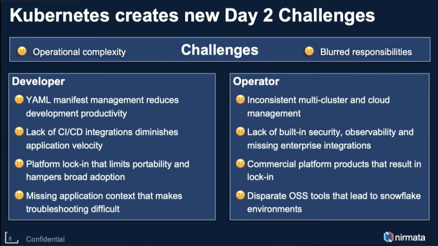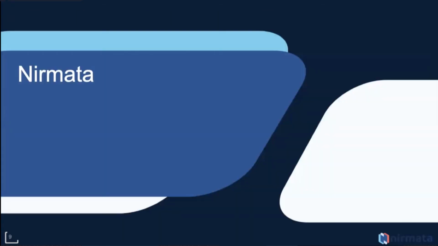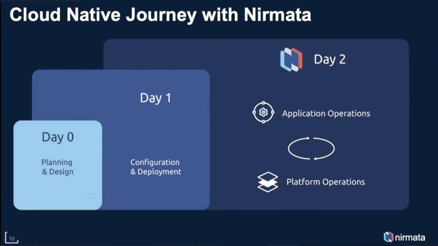So these are some of the key challenges we see, and as we've seen these with our customers, we spend a lot of time trying to address these in an enterprise-friendly manner. So that takes me to Nirmata and what we do.